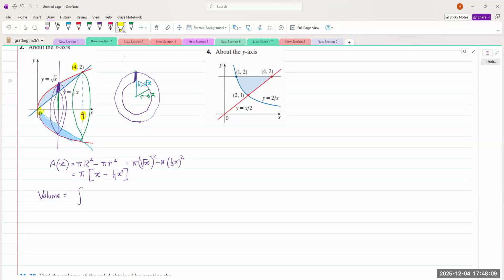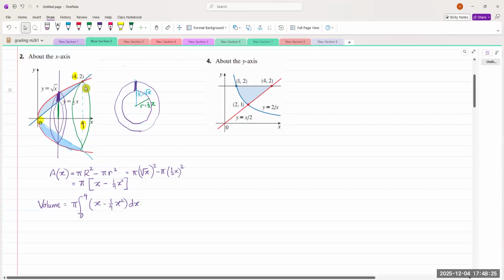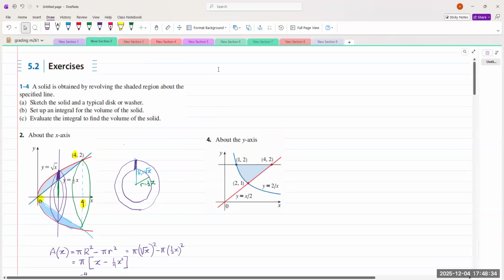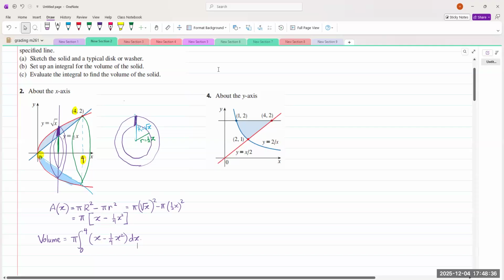From x equals 0 to x equals 4, pi is the coefficient, let me pull it out, of x minus 1/4 x squared dx. That's the setup, and then from there, just integrate. You integrate it yourself. I will not do the integration anymore. I assume everyone at this point should be able to do that kind of simple integration. That's for number 2.